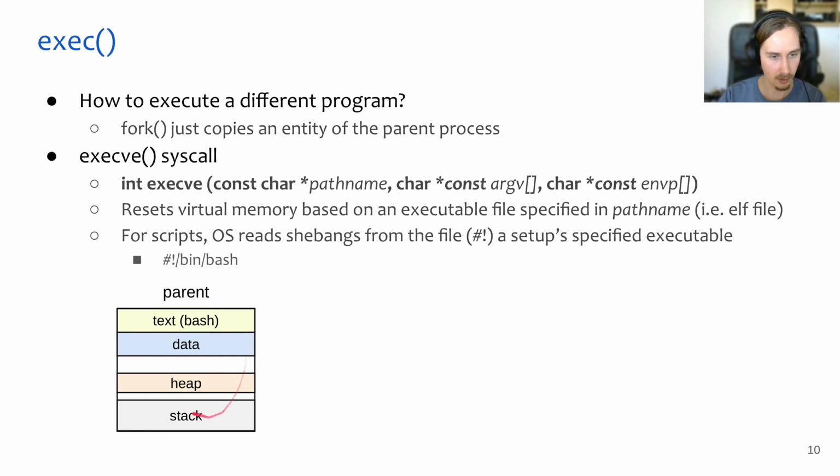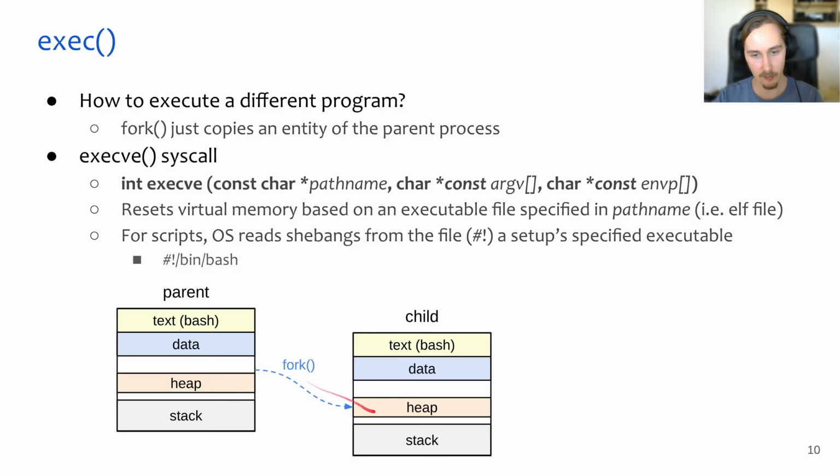And yeah, so the end-to-end example in our bash case is we have the parent process with the bash binary running, which then forks into a child, which is still running the bash binary. And then the child will look at the return value of fork to determine that it's the child and not the parent.